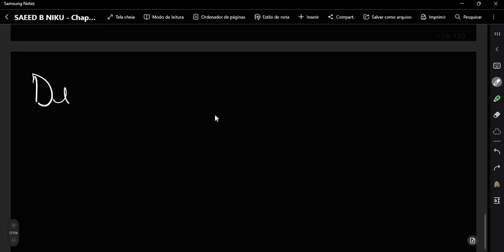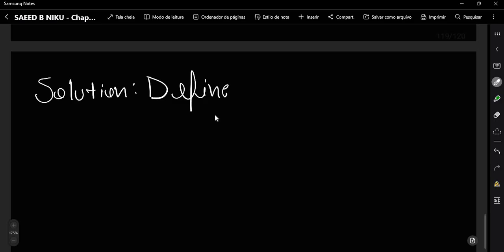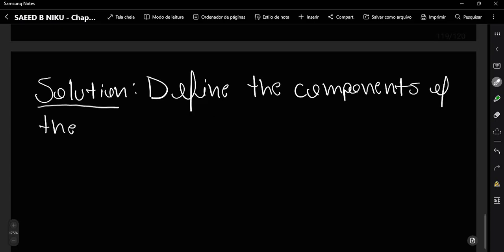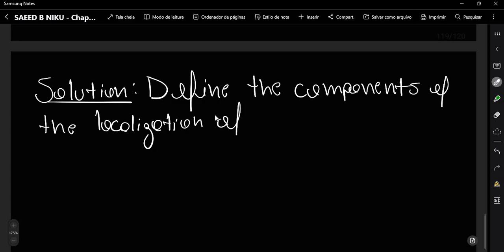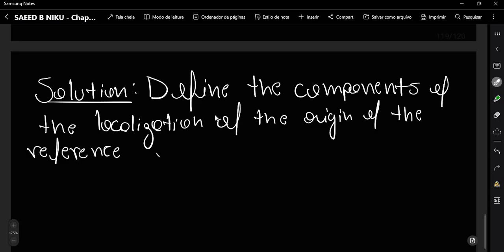define, let me write solution. Define the components of the localization of the origin of the reference frame of the matrix.